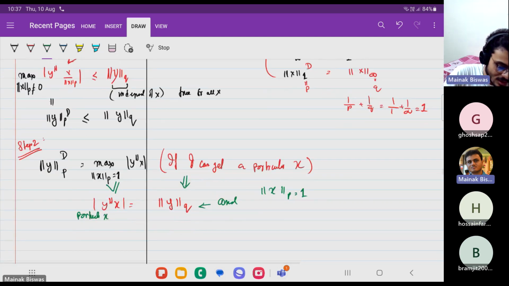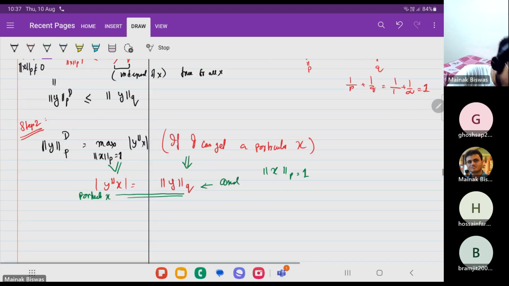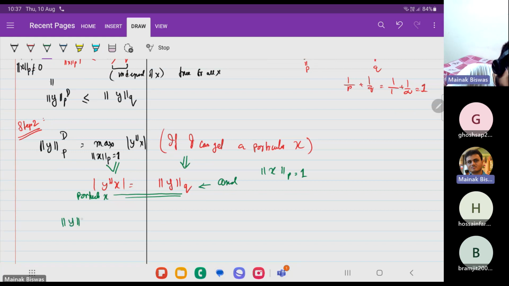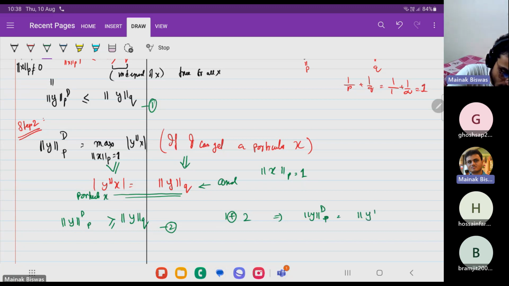So if I can get a particular x such that y Hermitian x is equal to ||y||_q, then can I say y dual of p is greater than or equal to ||y||_q, right? 1 and 2. So 1 plus 2 will give me y dual of p is equal to ||y||_q.